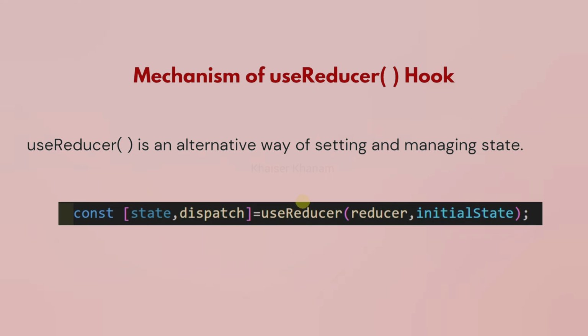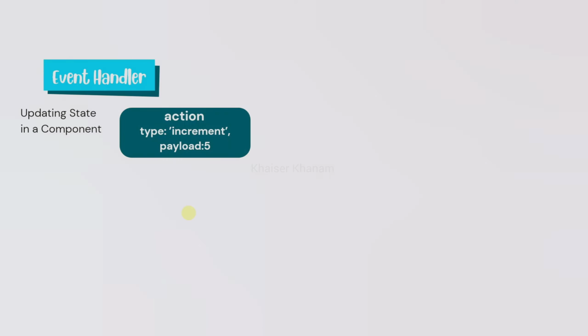And this is the syntax of useReducer, which takes two arguments, a reducer function and an initial state, and in return it gives us an array which we have destructured. So this is the syntax of useReducer. Whenever we want to update the state in a component from an event handler, we start by creating an action.